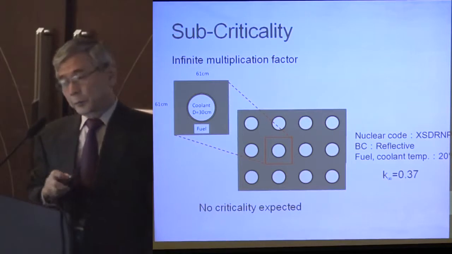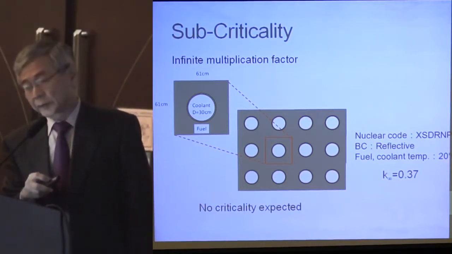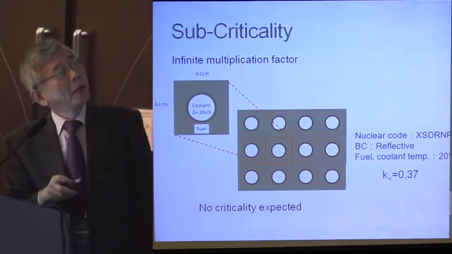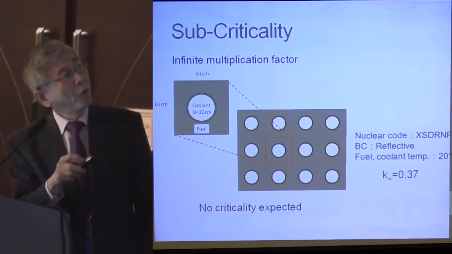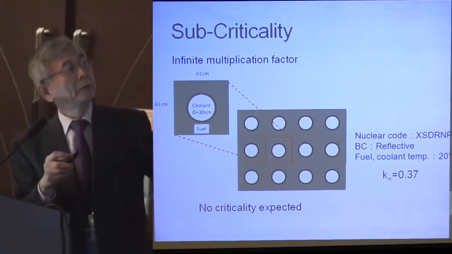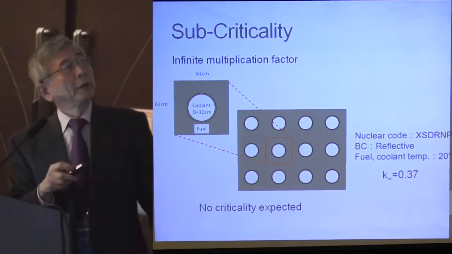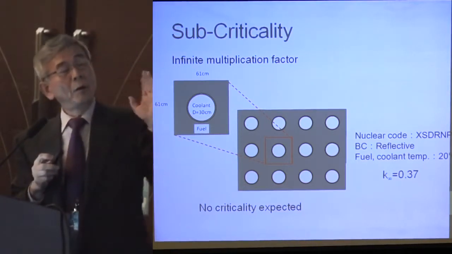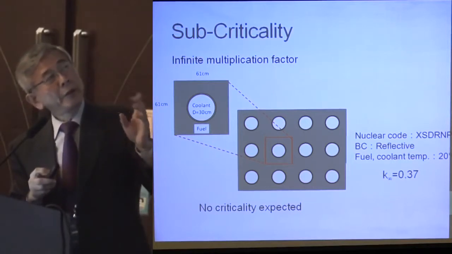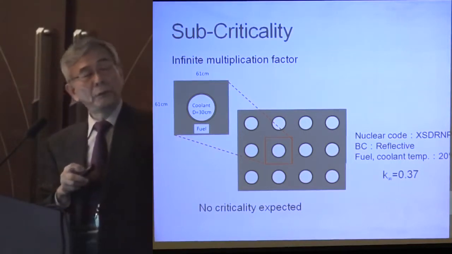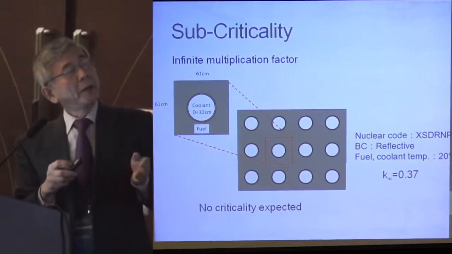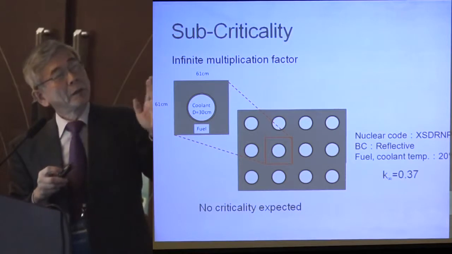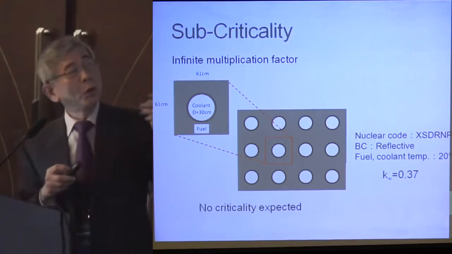The final problem to be discussed is the subcriticality. As I explained at the beginning of my presentation, there's fuel salt and coolant, diameter 30 centimeter. In the original ORL design, they use FUJI salt as coolant, and I think the moderation of FUJI is not so good as graphite or water.